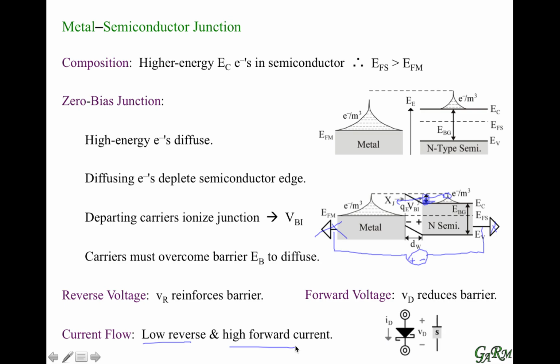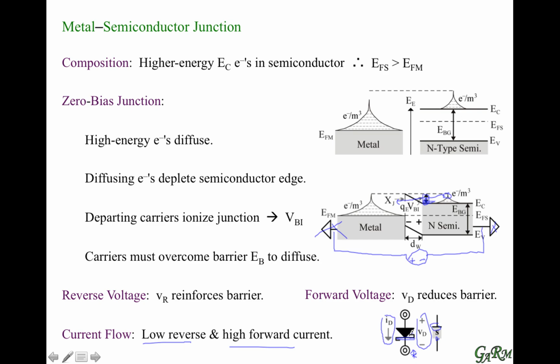So we use an arrow-like symbol to represent this diode. And the arrow points in the direction of the high forward current, which is the result of a positive voltage from the metal to the semiconductor. We put a blocker here to indicate that reverse current is very low, and ideally zero.